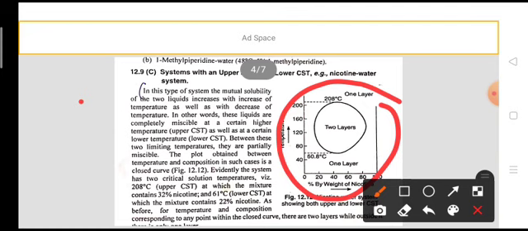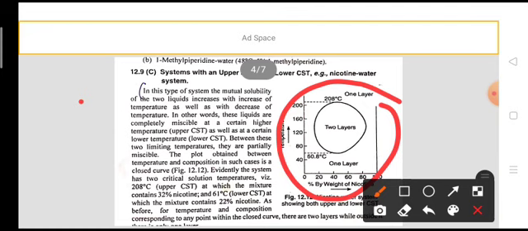In other words, these liquids are completely miscible at a certain higher temperature as well as at a certain lower temperature. Between these two limiting temperatures, they are partially miscible. That means between these two temperatures, the system becomes heterogeneous. Two layers are formed.